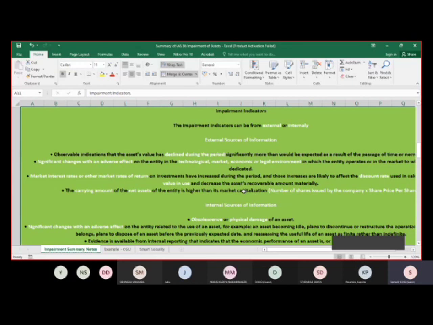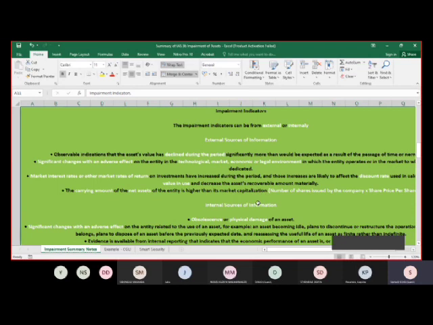Maybe I will think of examples and give them to you. So there are a lot of factors. The reason why I'm going into detail on this is that in exam conditions, you should be able to identify those factors of whether the assets are impaired, because they will probably write a scenario for you.